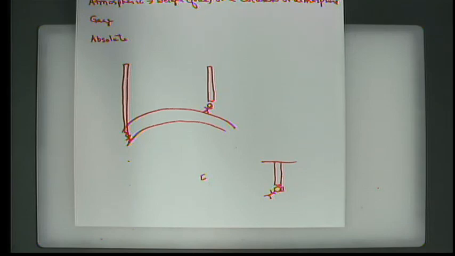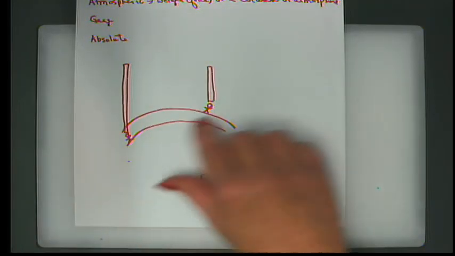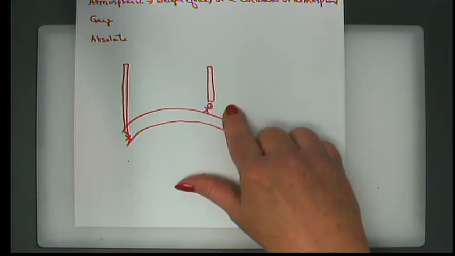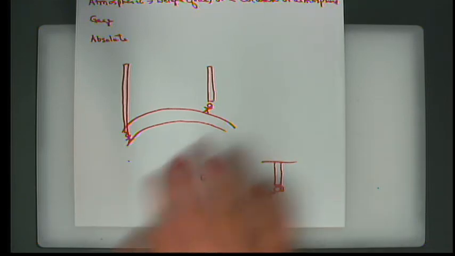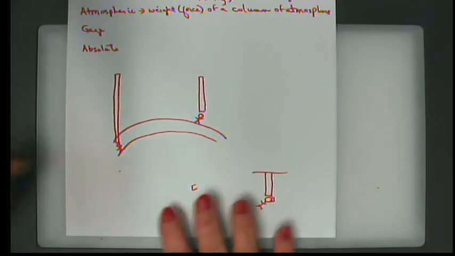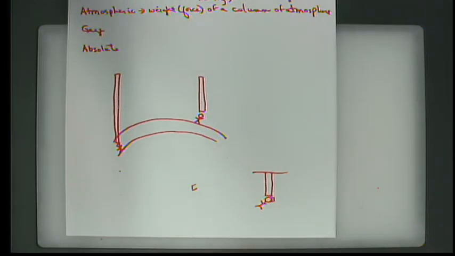Well, it means that atmospheric pressure is actually less in Powell, Wyoming, or in Laramie, Wyoming, which is another 2,500 or 3,000 feet higher than us, compared to at sea level. So when they report atmospheric pressure, this is what they're talking about.